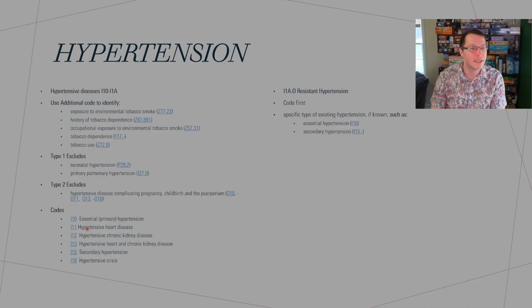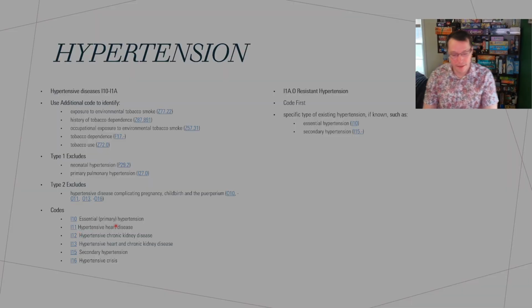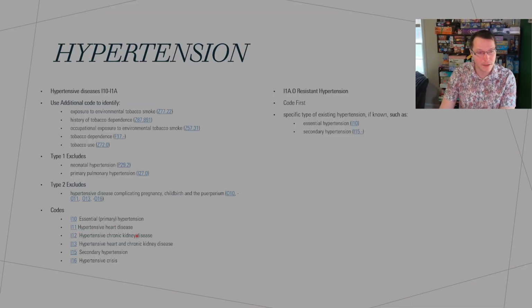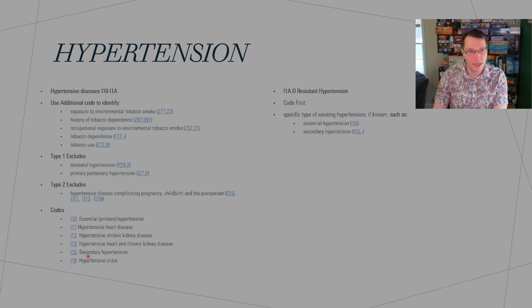And then this hypertension code, as you can see, works kind of the same way how CKD works, where it boils down into its own categories with assumed natures as well. Hypertension has an assumed nature with CKD, and it has an assumed nature with hypertensive heart disease or chronic heart failure, anything like that.